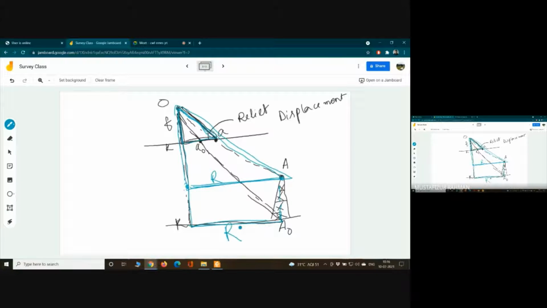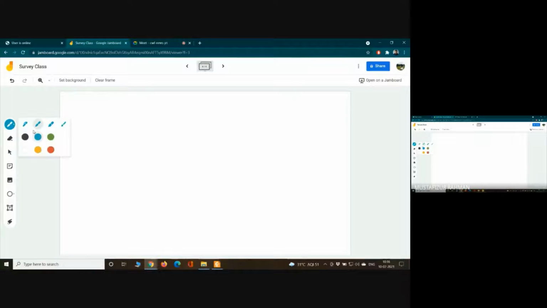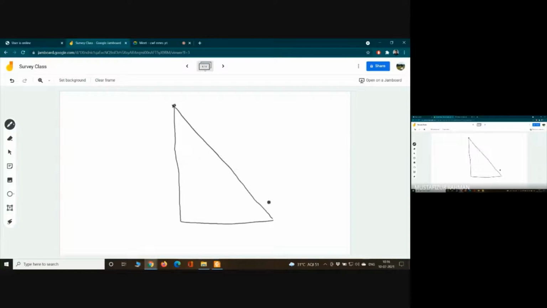They both are R. So this is O point, this is small k point, this is capital K point, this is A1 point.